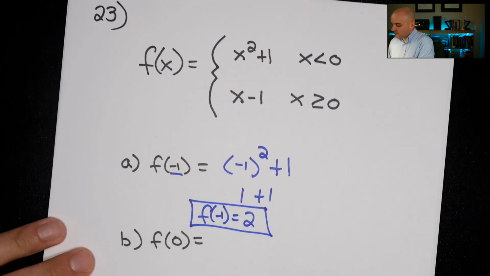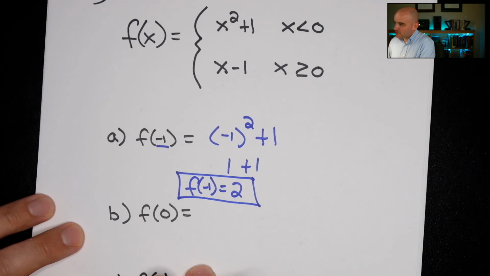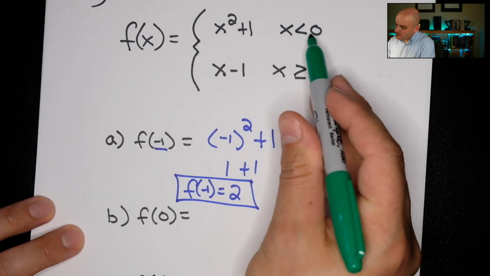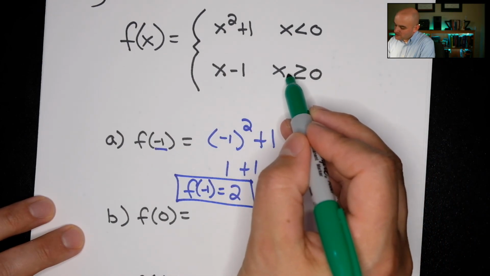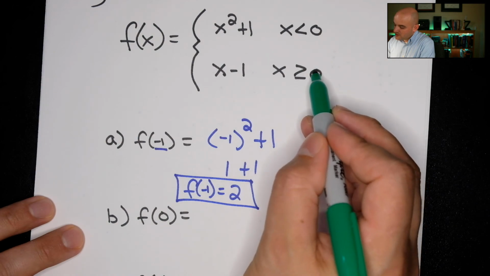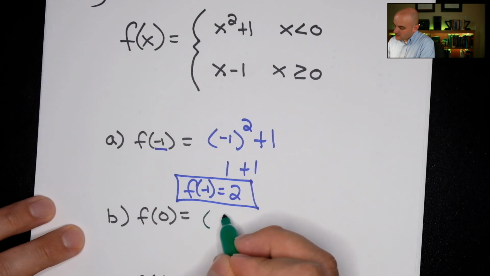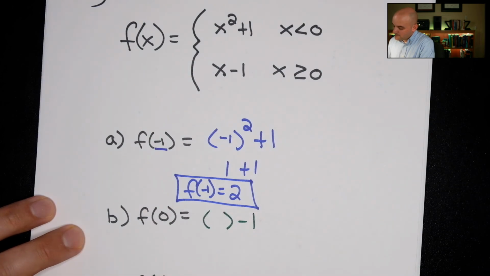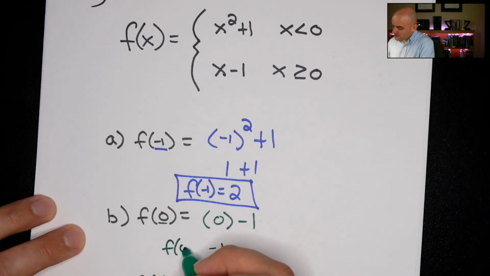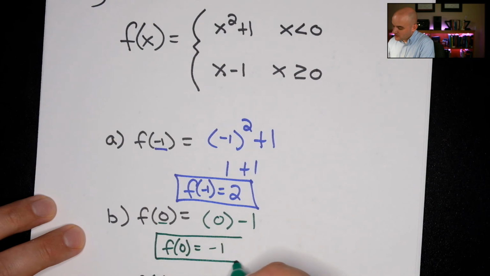Now we've got, for letter B here, the f of 0. So looking up here, I'm going to use the bottom one because this says x can be bigger than or equal to 0. This one doesn't include 0, so it's going to be something minus 1. Put 0 in for it. And 0 minus 1 is negative 1. So the f of 0 equals negative 1.